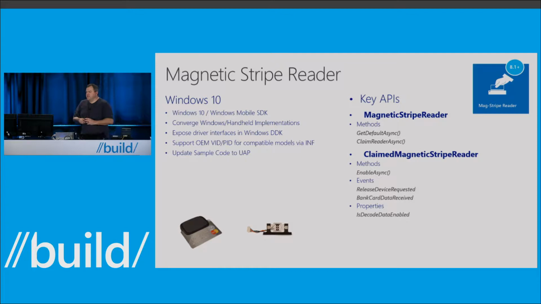What that means is that OEMs will be able to take a base INF file that we have and set their VID-PIDs on it and have that device, that Mag Stripe Reader, recognized by the system as a MagTek or an ID Tech or an OEM specific implementation of the Mag Stripe Reader.